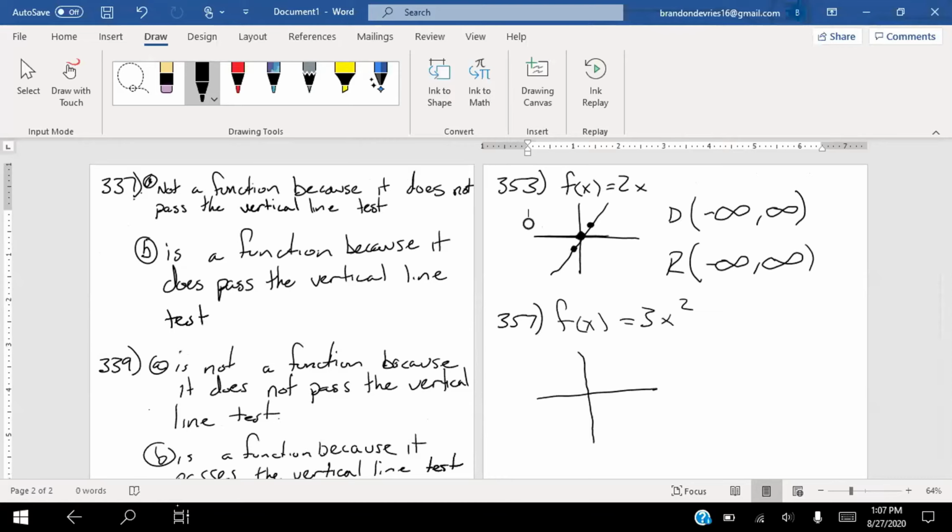So 0, it'd start at 0, correct? Yeah. Yep, because if you plug in 0 it's 0.